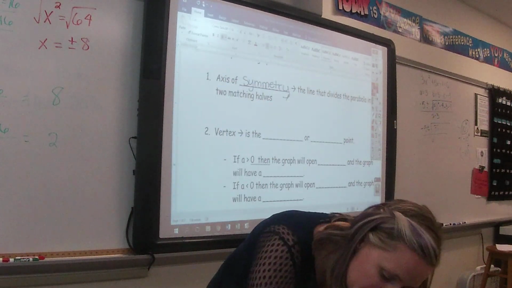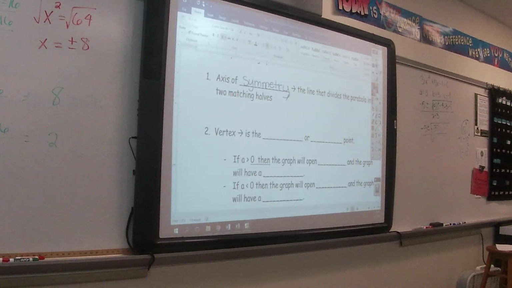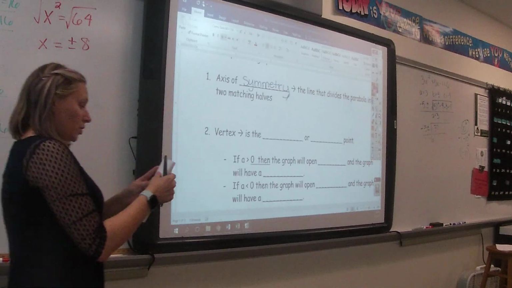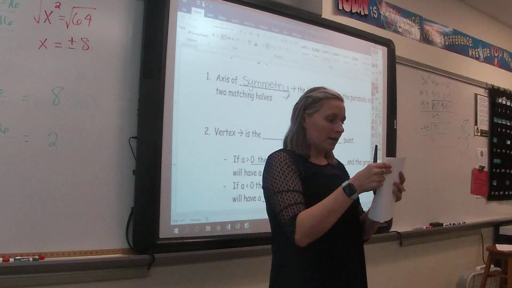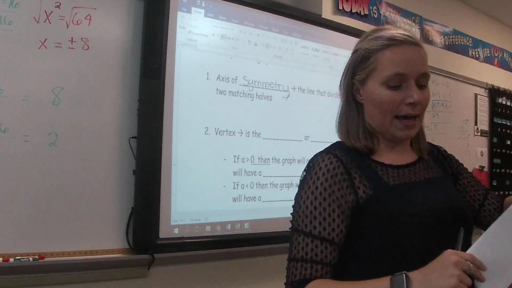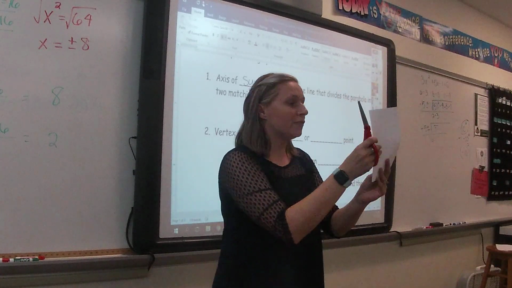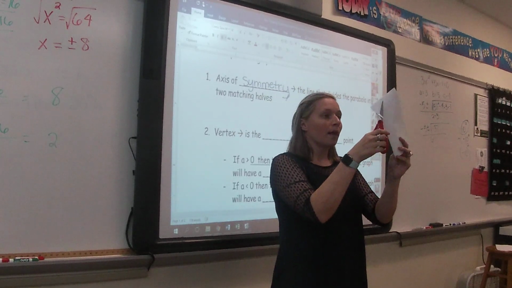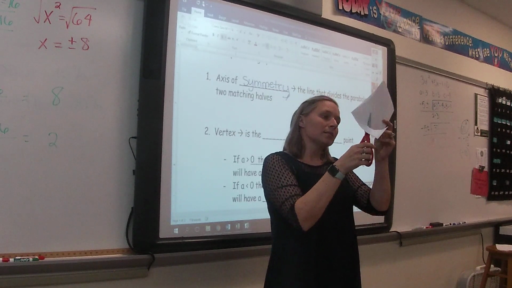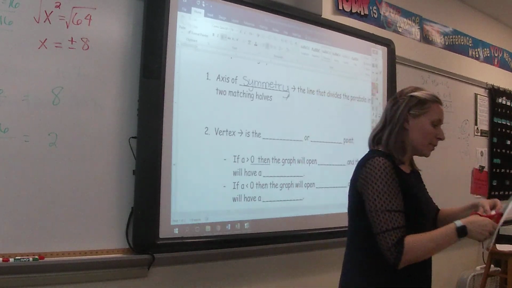You have probably been doing this for forever, but you didn't know that you were ever actually dealing with an axis of symmetry. Way back when, starting in elementary school, when it got to Valentine's Day and you wanted to make a heart, you took a piece of paper, you folded it in half, and then you did this. And what did we get when we opened up the paper?